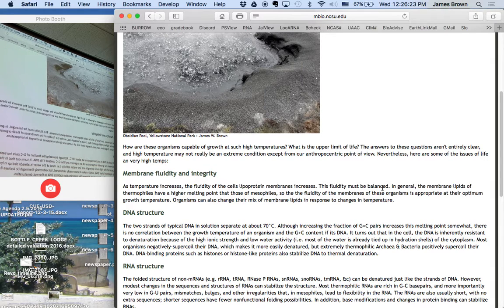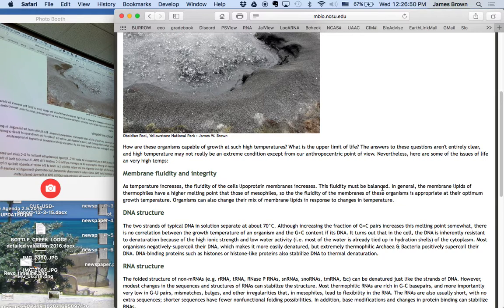It also turns out that the aqueous environment where you take this kind of a measurement has nothing to do with what DNA sees in the cytoplasm. That thermal denaturation temperature depends fundamentally on the ionic conditions and on molecular crowding. And DNA in mesophiles is negatively supercoiled specifically to make it possible to separate the strands of DNA during transcription and during replication.